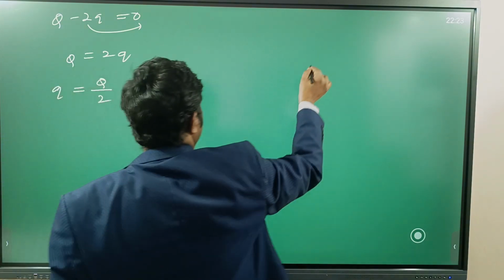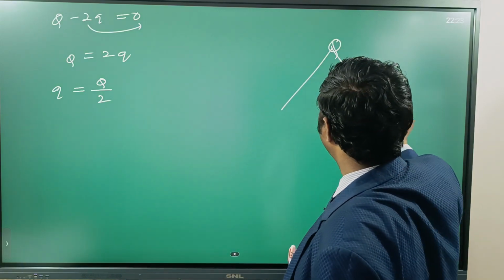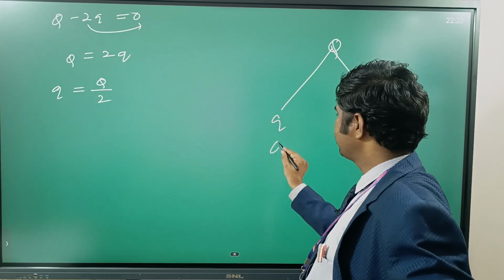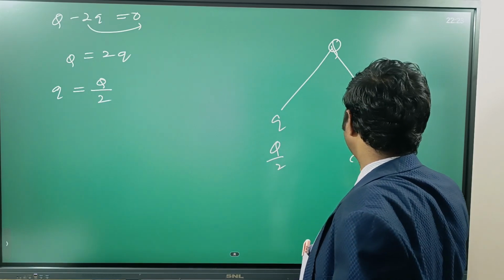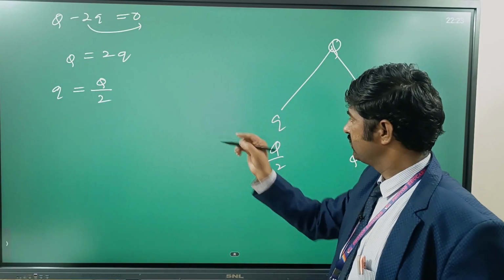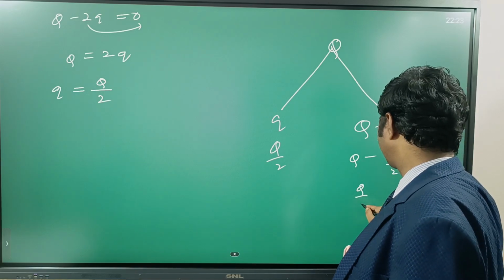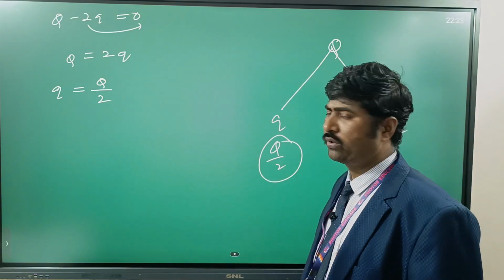As you know, this Q is divided into two parts, one is q, another one is Q minus q. The q value is Q by 2, then Q as it is, minus Q by 2 is Q by 2. Both will be Q by 2.